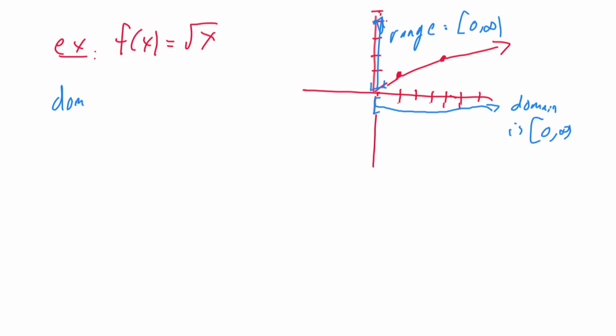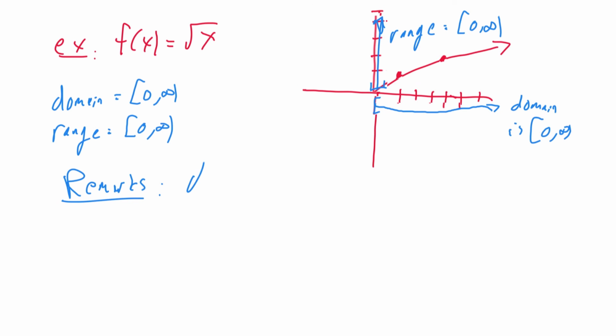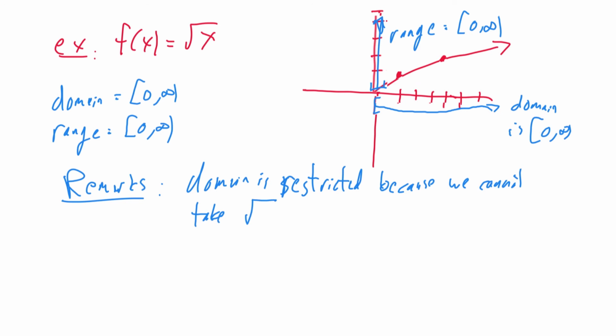So just to reiterate, and I'll just make some remarks. The domain is restricted because we cannot take the square root of a negative number.